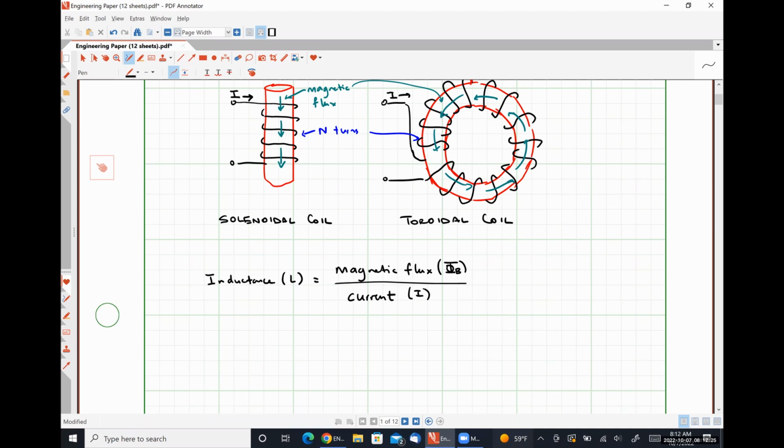So it is a constant of proportionality between these two quantities, much like resistance is a constant of proportionality between voltage and current. Okay, so that's all inductance is.